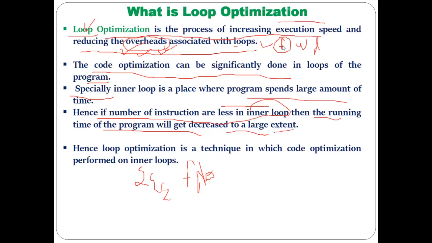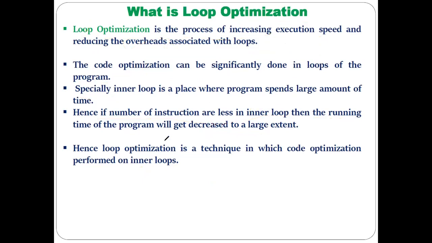So through loop optimization, we try to remove the unnecessary, redundant instructions in the inner loop, so that the execution time of the program is reduced and the program executes faster.